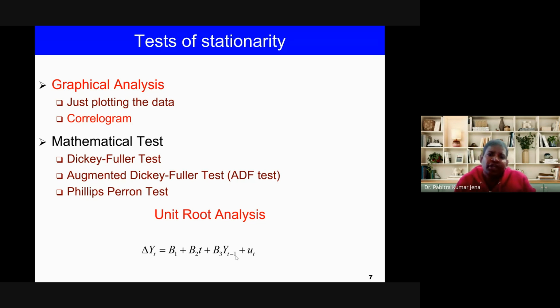The third assumption of the regression is that there should not be any multicollinearity. There is a difference between multicollinearity and correlation. If there is a correlation among the independent variables, we call it multicollinearity.